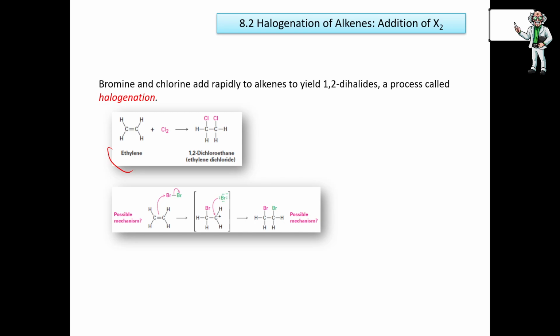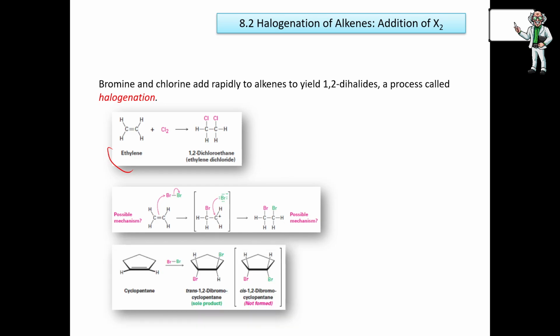However, this mechanism doesn't explain our experimental observation. For example, if we have a cyclopentene and we add bromine, what we will generate is only the trans-1,2-dibromocyclopentane.